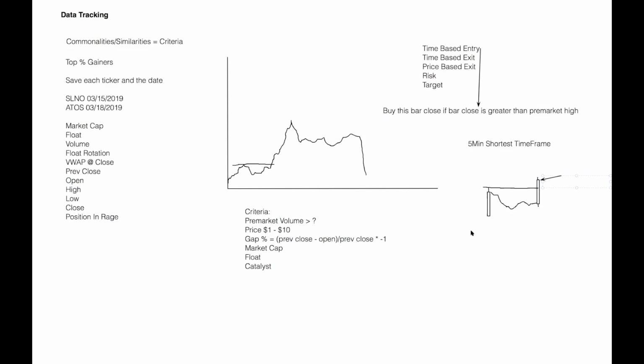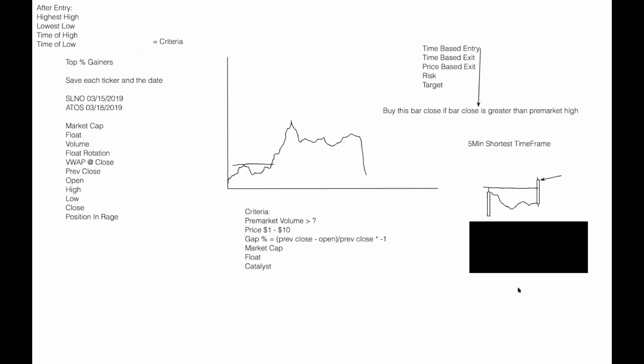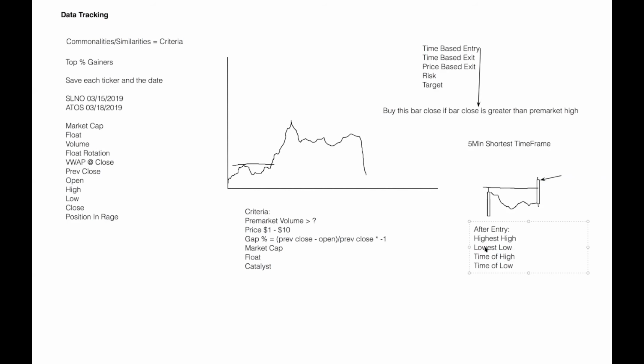Now, what we're going to test after entry is the highest high and the lowest low, time of high, time of low. The reason you want to test the time is that it gives you an idea for a time-based exit.